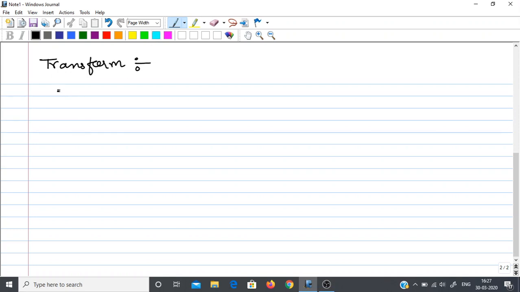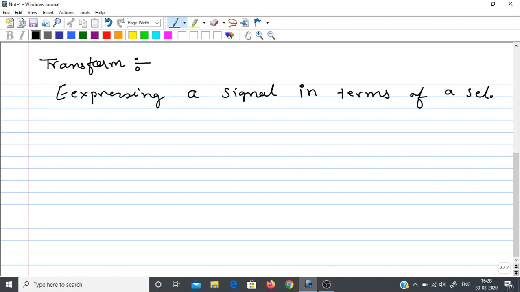So, I can say expressing a signal in terms of a set of other signals. This way of representing a signal in terms of a set of other signals is called transform.